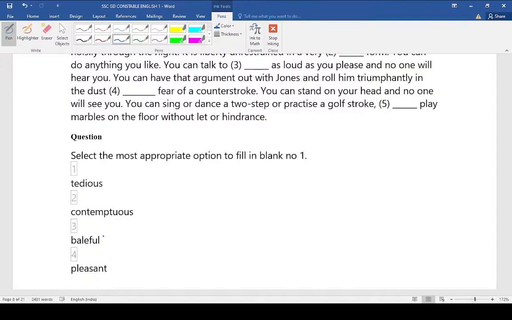First of all, we will go with the options. Tedious is nothing but boredom. The next one is contemptuous, which is nothing but disdain.